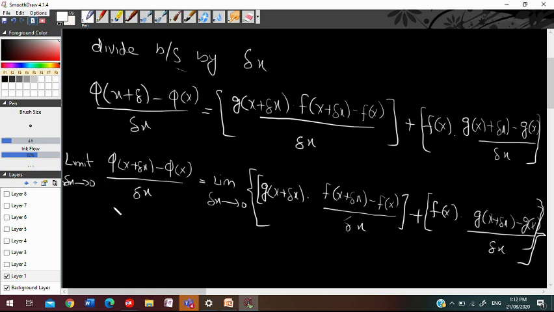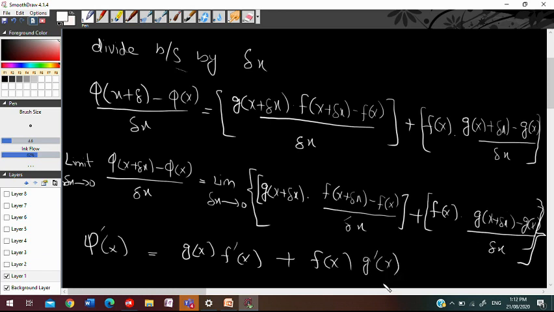Okay. And when I applied the limit, this whole part will be equal to phi prime of x. And in this part, when I apply g of x plus 0, I will get g of x, and this is the derivative f prime of x, plus this is f of x, and this is the derivative g prime of x.